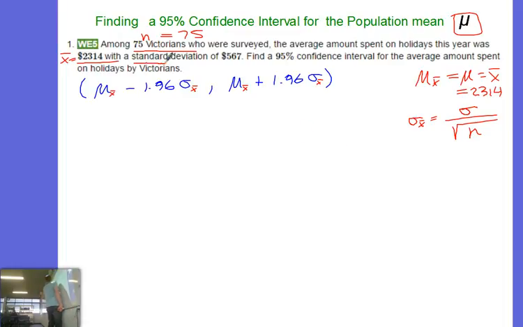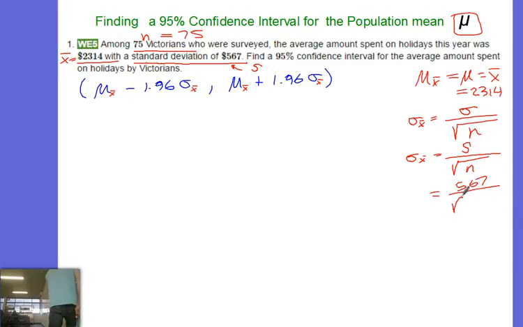That is your s, the sample statistic. When we don't know it, we have to use the sample standard deviation. And that is 567 divided by the square root of 75. So then we use those quantities to form our confidence interval. Does that make sense?